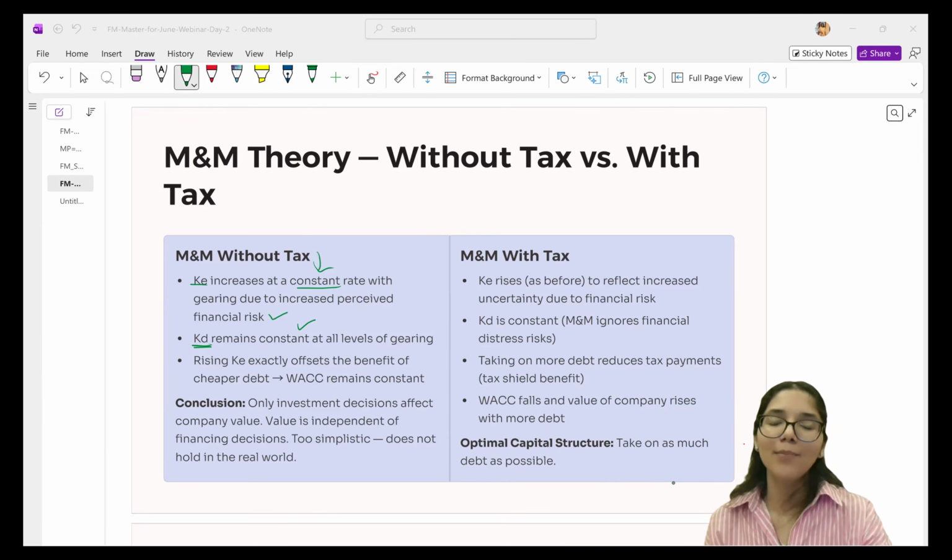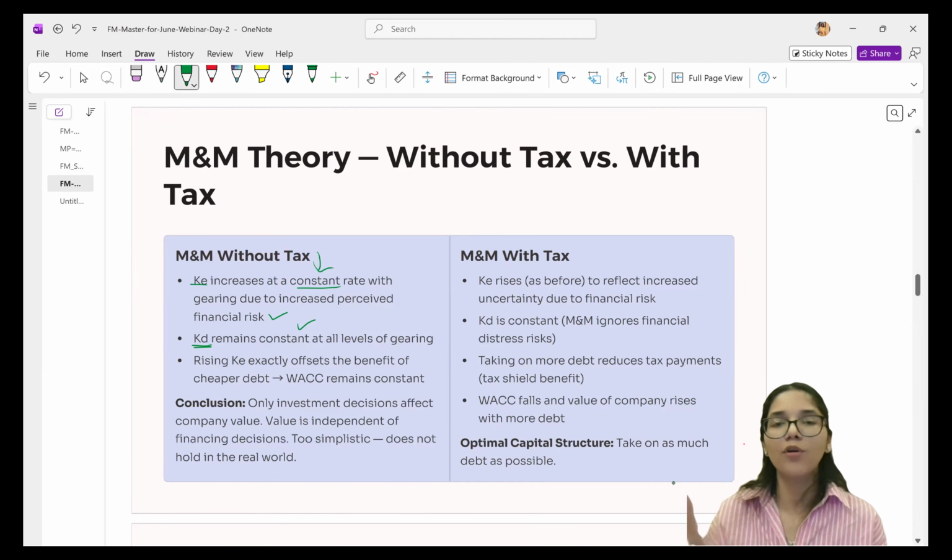And then what happens as per the M&M without tax theory is that my cost of equity is rising with more gearing that the company is taking because financial risk is increasing. Because of the cost of equity rising, this is a bad thing for the company because this will push my WACC up. But I am also taking more and more debt, which is cheaper. Whatever benefit I'm getting because of cheaper debt is exactly equal to the extra money that I now have to pay to my equity shareholders.